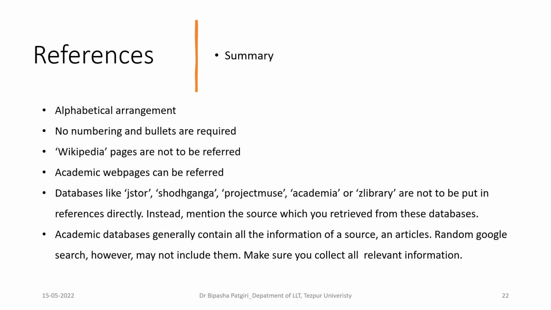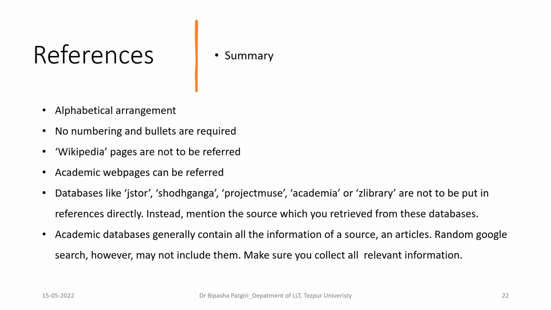Academic databases generally contain all the information of a source or article, unlike a random Google search, which may not include them. So when you Google search, you may not get the exact information, but you should be at least investing some time to get it.